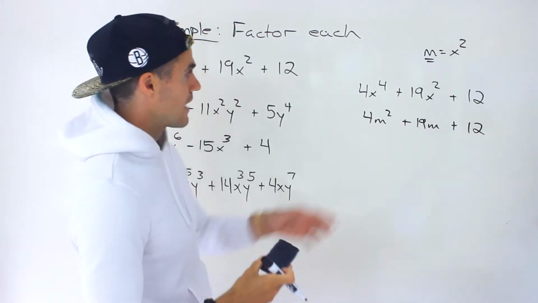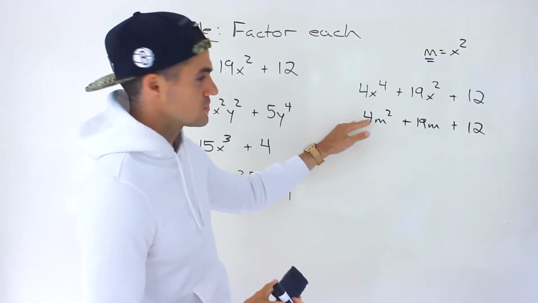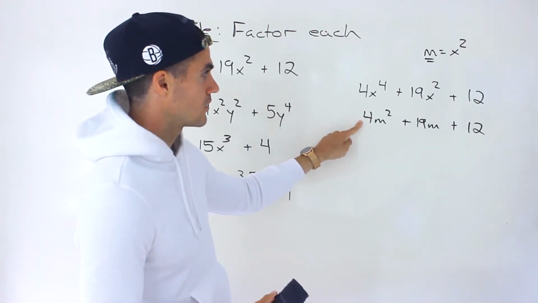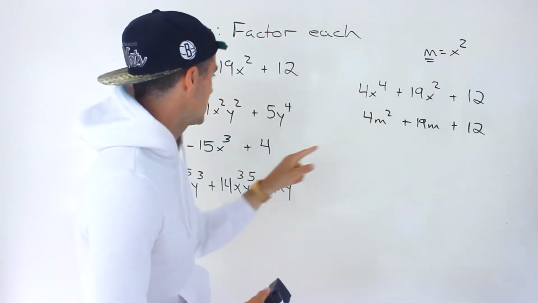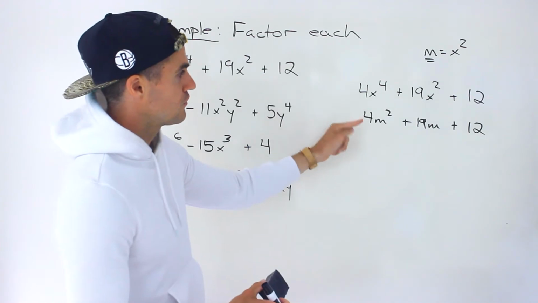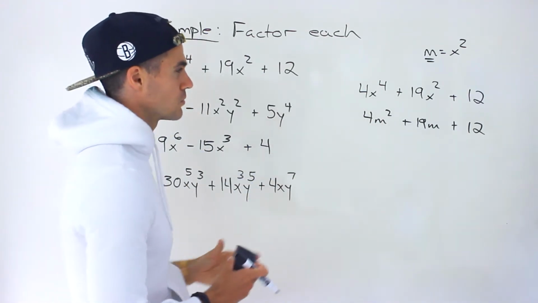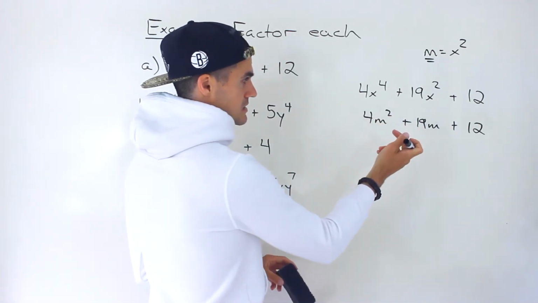Notice that we were able to simplify it into a quadratic, and this we know how to factor, right? So whenever you have this kind of relationship with the exponents, as we see in part C as well, you can always introduce a new variable and bring it down to a quadratic, a format that you're more comfortable with. And then from here, you can just factor this as usual.